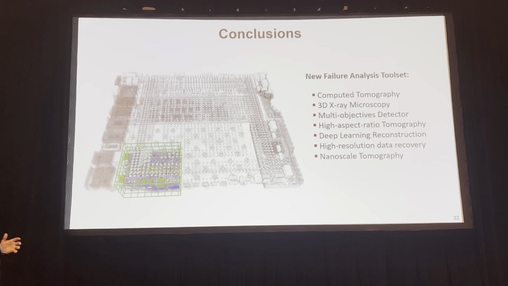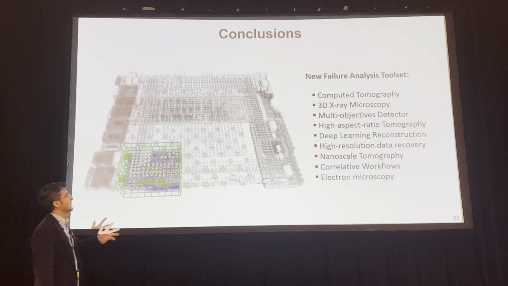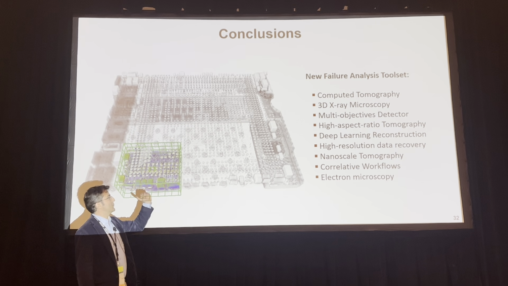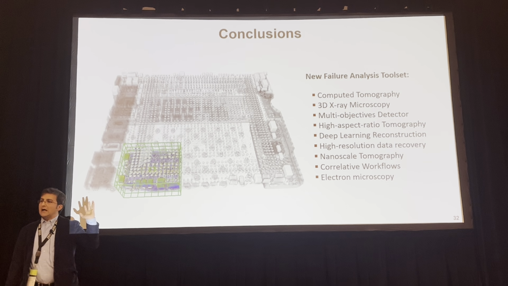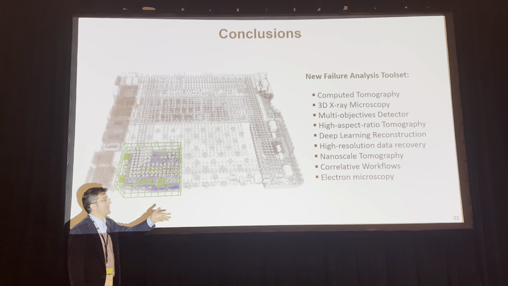So as conclusions, I showed you here a series of techniques. We started with explaining the difference between computed tomography and 3D X-ray microscopy, when you have a multi-objective detector, and how you can use high aspect ratio tomography.